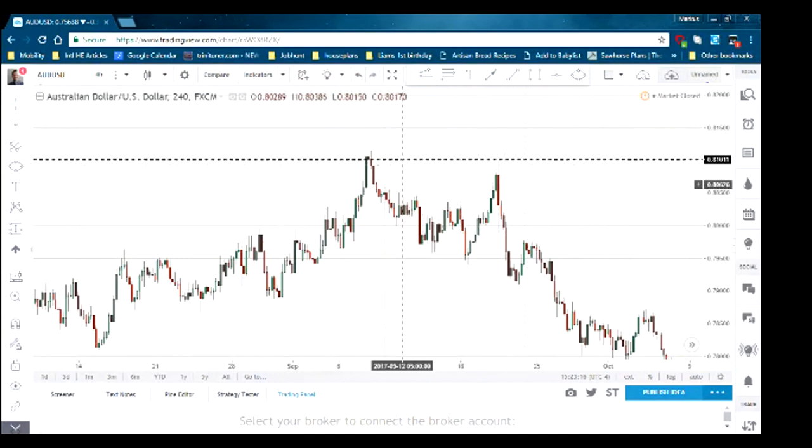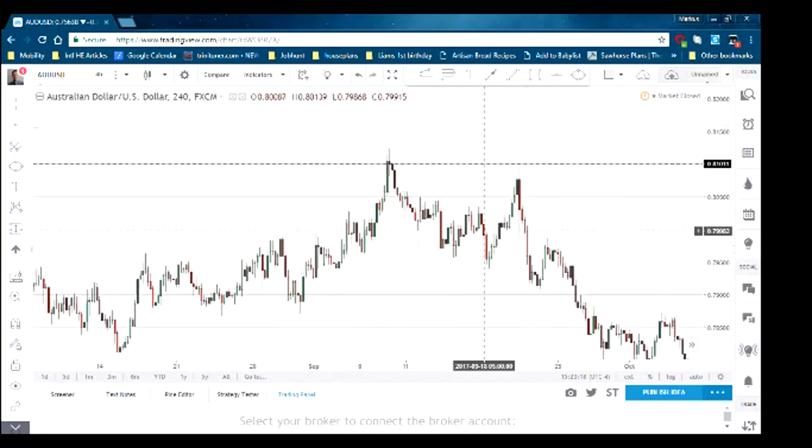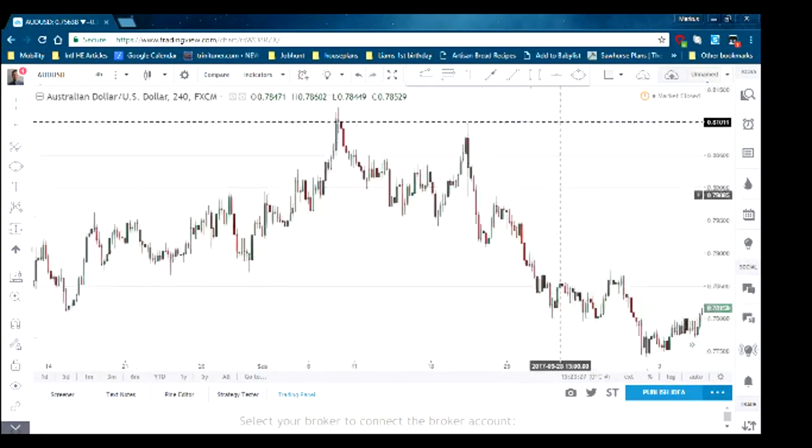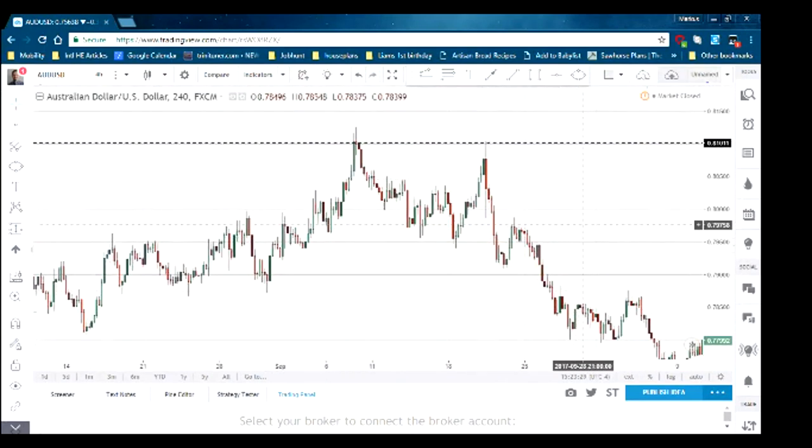Okay? So even if we waited to enter here 10 pips below, we would still catch a very nice bearish trend here. So again, we have initial confirmation, say, okay, looking at the structure level.